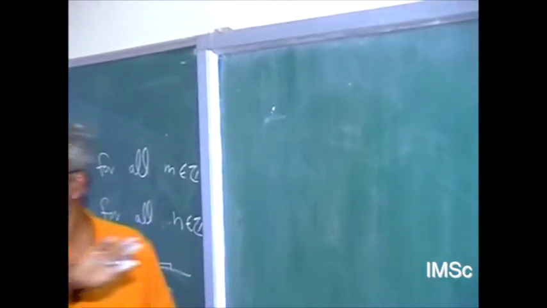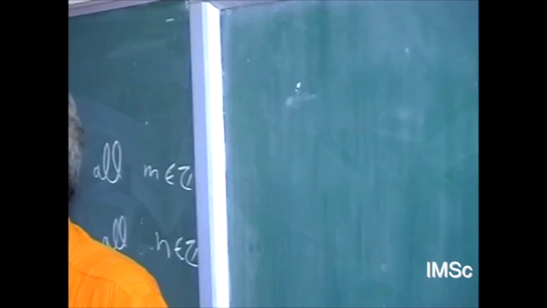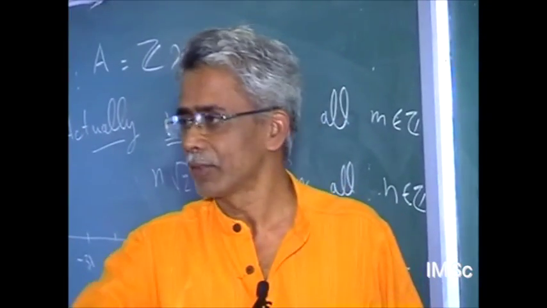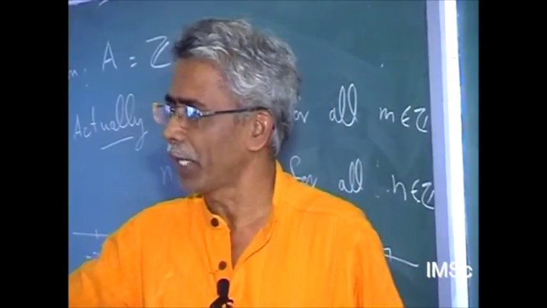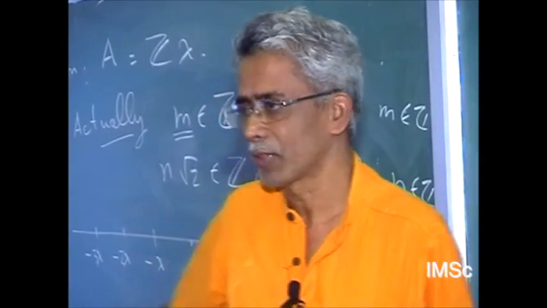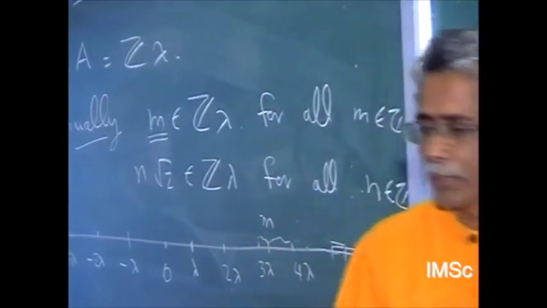There is nothing special about root 2. If you use m and instead of root 2 some irrational number, it would still work. Same proof.